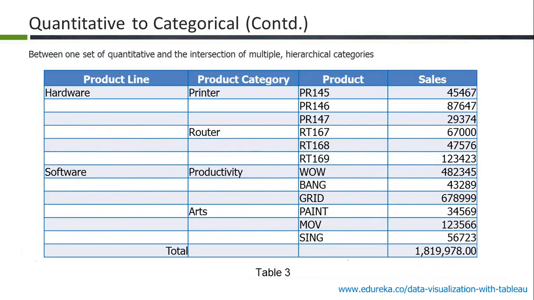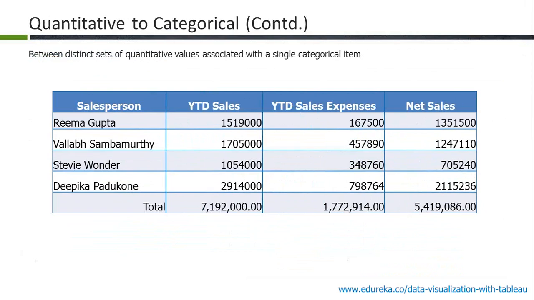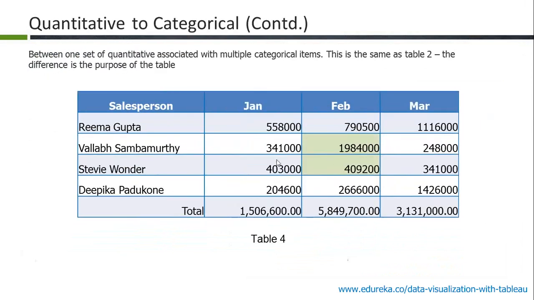Now this is similar to this, but the purpose here is different. If you see salesperson Jan, Feb, March, and if you see salesperson Jan, Feb, March, the only thing is here we are trying to understand a few things. I have highlighted a few numbers.